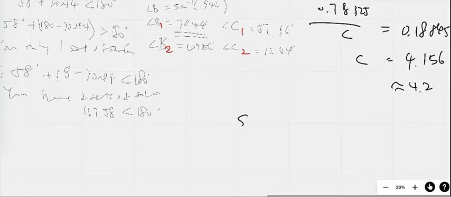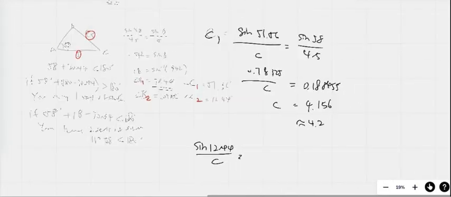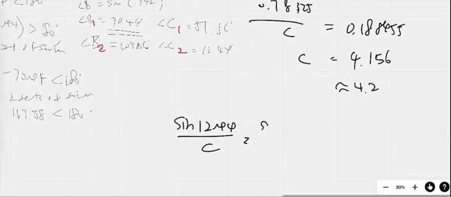So now let's work on C2. C2 with the same rules: sine of 12.44 over C is equal to sine of 58 over 4.5.